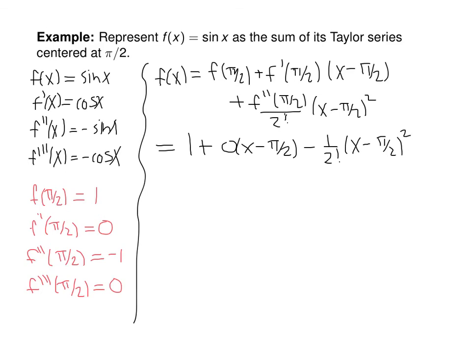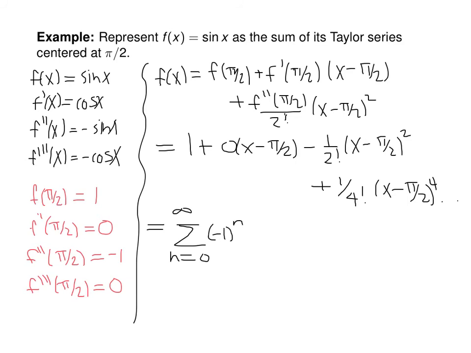The next term will be 0. After this we'll have 1 over 4 factorial, x minus pi halves to the 4th, etc. So written in summation notation, that's a sum from n equals 0 to infinity, negative 1 to the n, x minus pi halves to the 2n power, because we only have even powers, divided by 2n factorial.